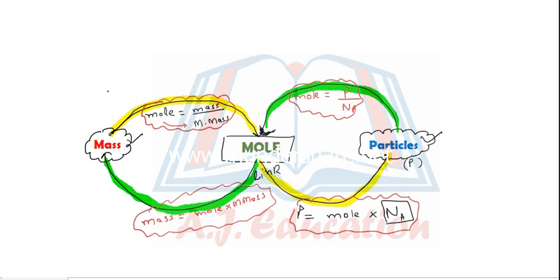We already know that when we are given the number of moles of a substance, we can calculate its mass using this formula: mass is equal to mole into molar mass.